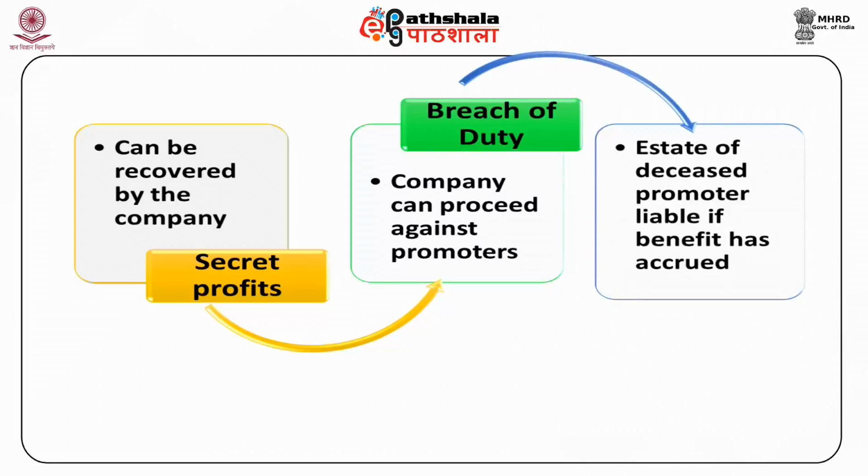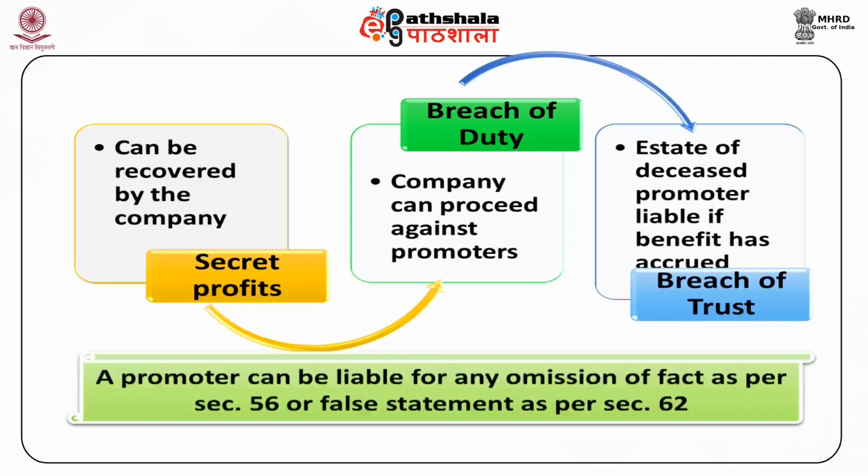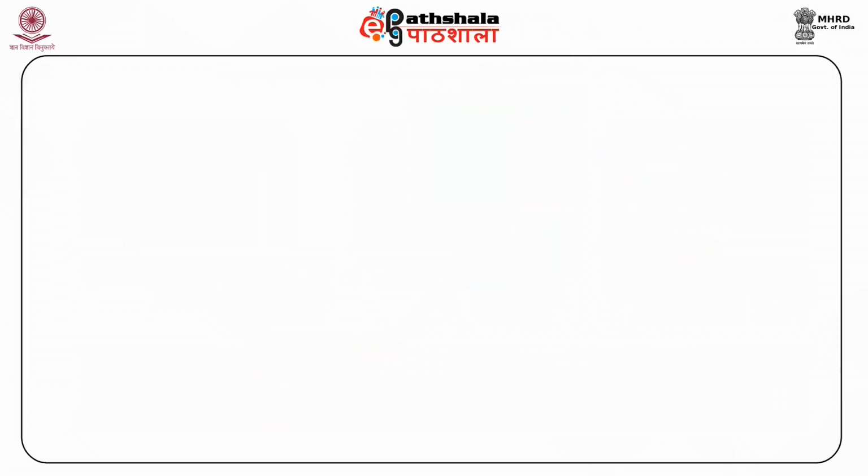The estate of a deceased promoter shall remain liable in any action by a company for deceit or breach of trust if any benefit has accrued to the estate. A promoter can also be liable for any omission of fact stated under Section 56 of the Act or false statement in prospectus as stated under Section 62 of the Act.